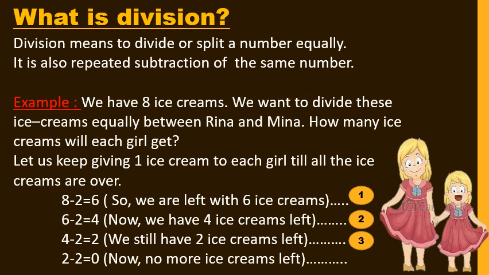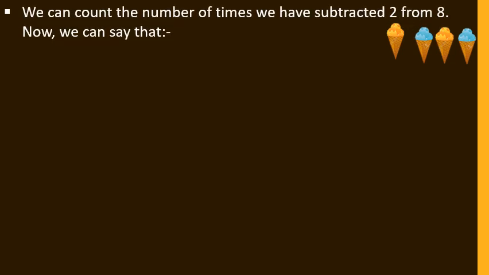So 2 minus 2 is equal to 0. So no more ice creams left with us now. Understood? Girls, we can easily count the number of times we have subtracted 2 from 8, right? How many times, girls? You are correct, 4 times.